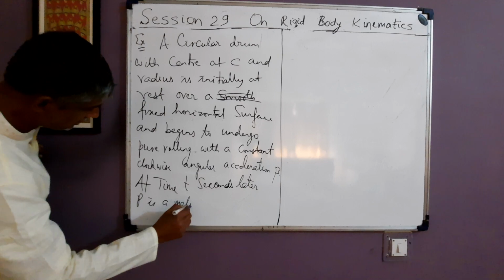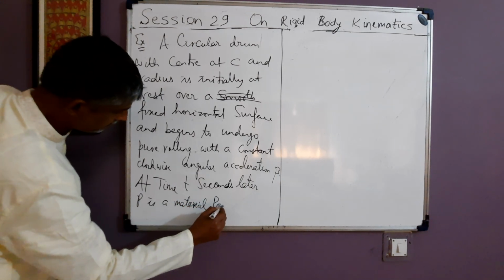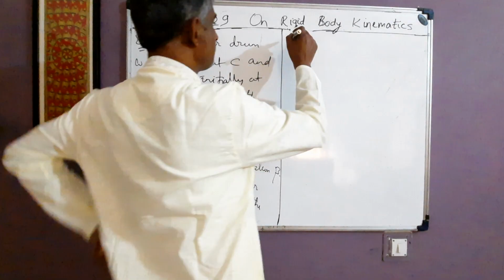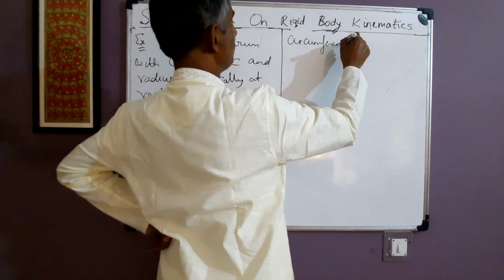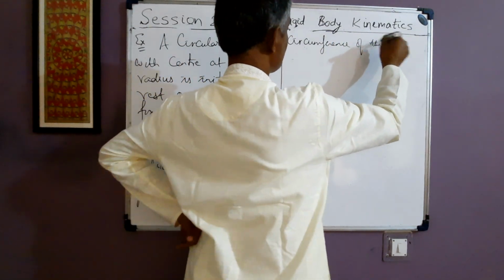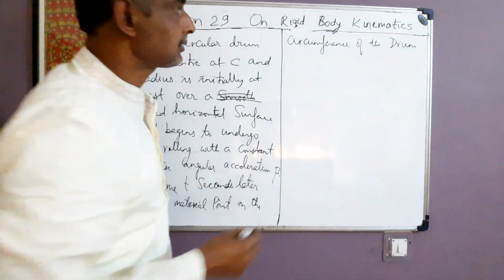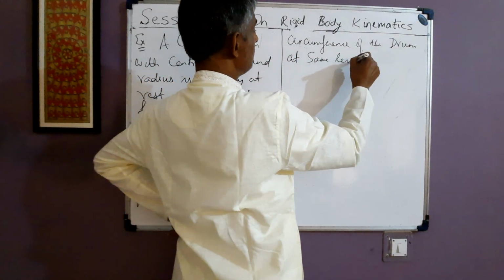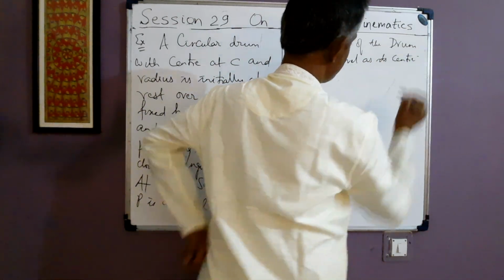P is a material point on the circumference of the drum at the same level as its center.